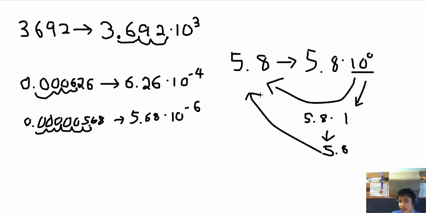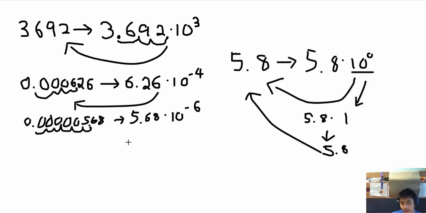Now, we saw 3 possibilities of scientific notation. The first one is using a positive exponent, in this case 3. We have to move the decimal 3 times to the right to result back in our original number. We have a negative exponent where we have to determine how many times we have to move to the left to get our original number. So from 6.26, we move it 4 times to the left, 1, 2, 3, 4, to get back to our original number, which is 0.0000626.